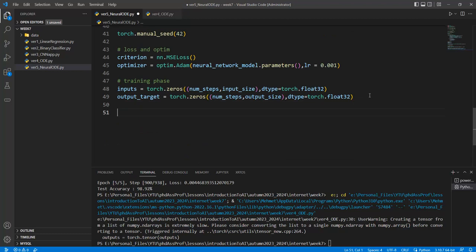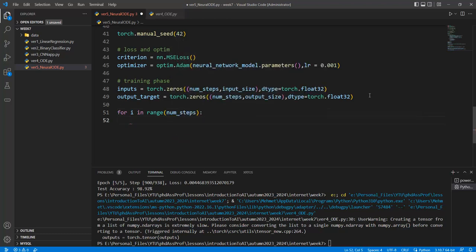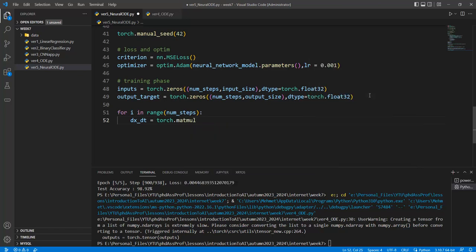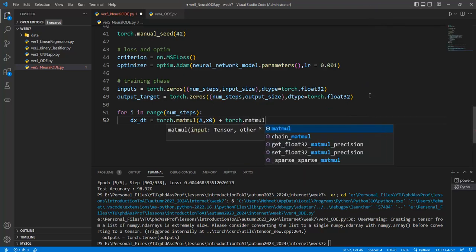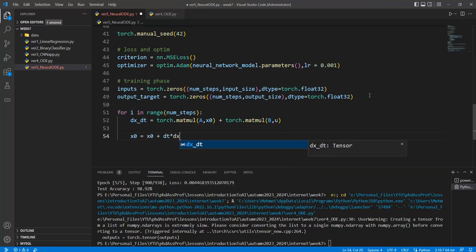So for the training phase, for i in range num steps, dx dt must be assigned with what? The torch matmul A x0 plus torch matmul B u. And after that x0 is assigned to x0 plus dt times dx dt.